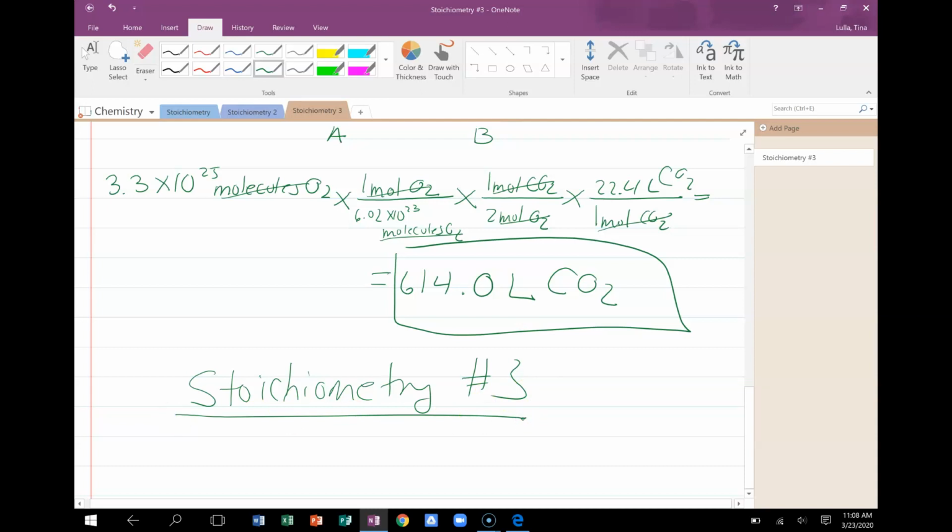They're not necessarily all 3-step problems, so just make sure you take some time to figure out what they're asking you and make sure you do the right type of problem. Is it a 1-step? Is it a 2-step? Is it a 3-step problem? So just kind of double check. I do think the most challenging part of stoichiometry, page number 3, is actually balancing the equation up top, so make sure you take a second to do that.